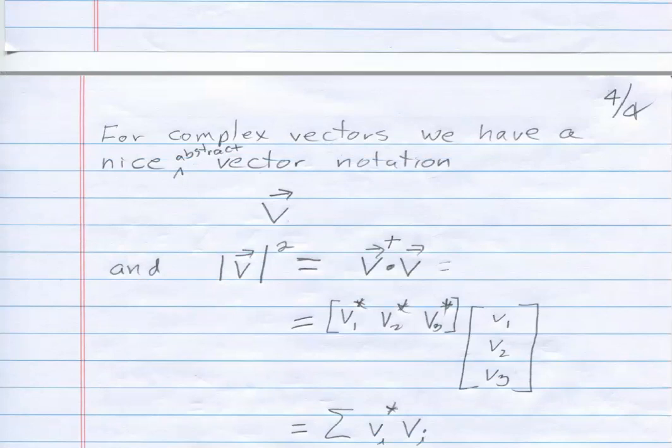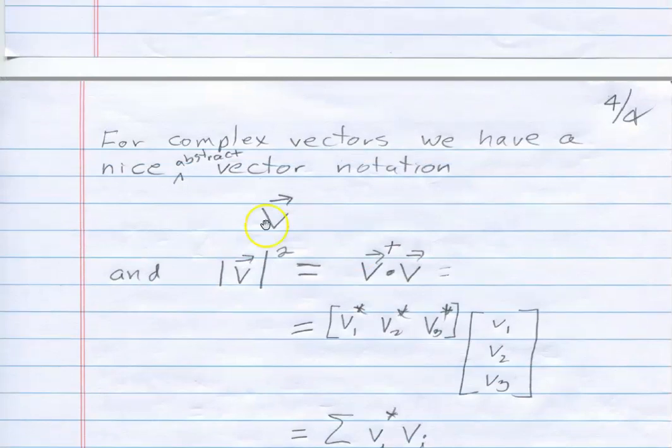In terms of matrix representation for complex vectors, we have a nice abstract vector notation that we can manipulate, and the square of it will oftentimes be written like this. This is a dagger, so v dagger dot v, and v dagger just says take the complex conjugate of each one of its values. So I've got v is v1, v2, v3.